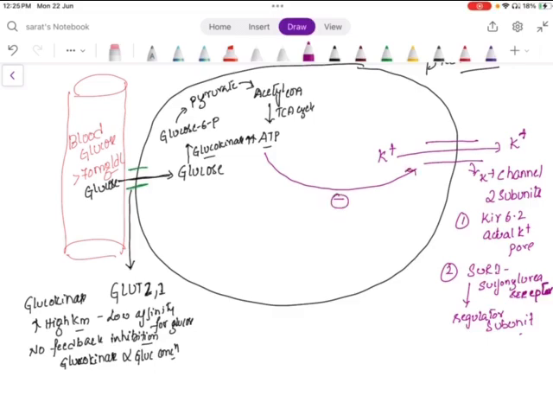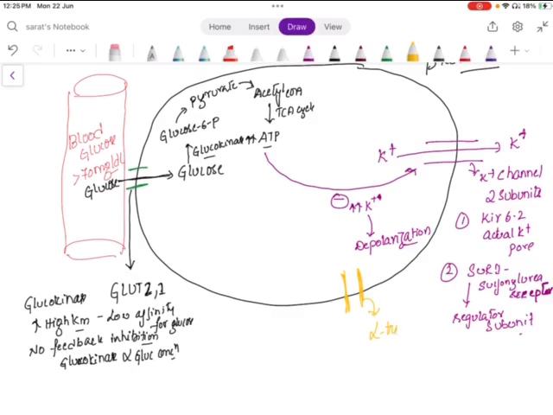Due to inhibition, potassium levels will increase inside the cell. This potassium increase will cause depolarization of the membrane, and this depolarization will activate L-type calcium channels.